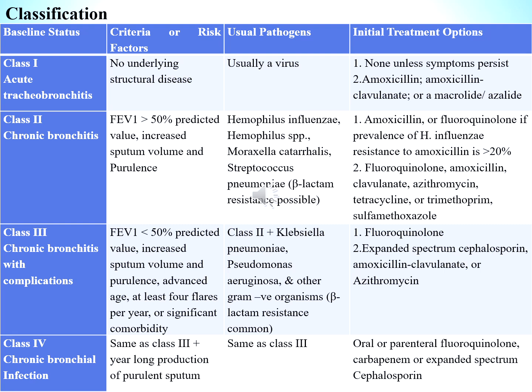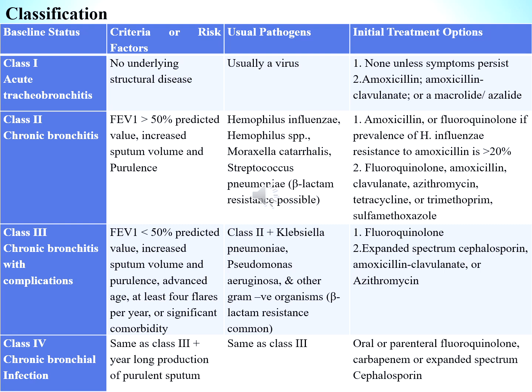The usual pathogens in this case are Klebsiella pneumoniae, Pseudomonas aeruginosa and other gram-negative organisms. Treatment options: fluoroquinolones can be included, expanded spectrum cephalosporin, amoxicillin-clavulanate or azithromycin can be given.